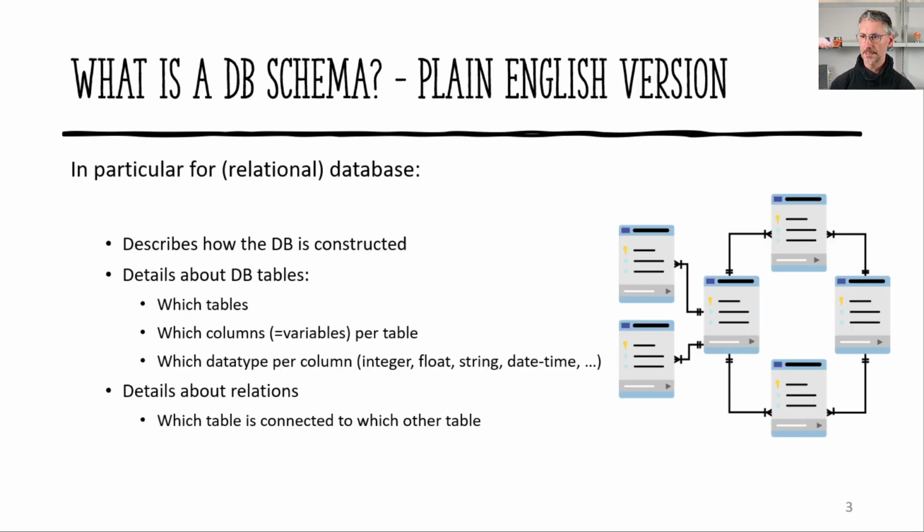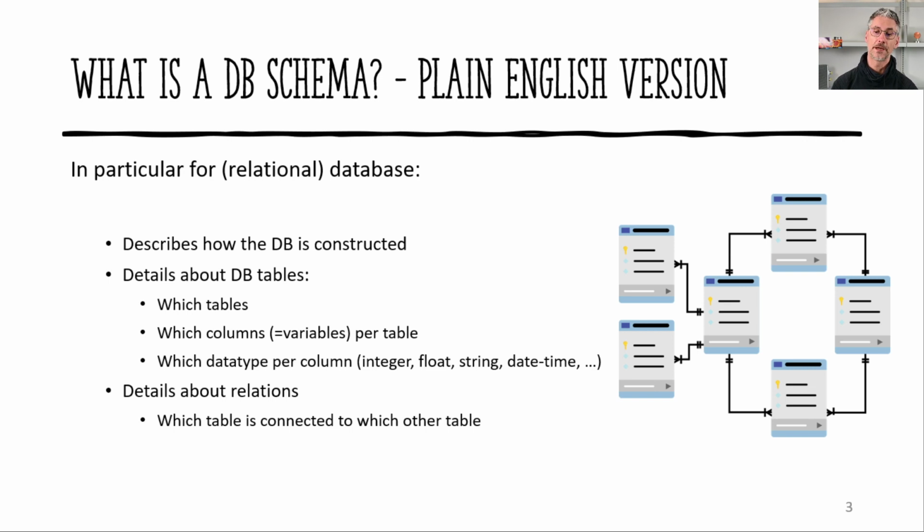So what is it again? Let's take the plain English version. When we talk about relational databases in particular, the schema describes how the database is constructed. In particular, it contains details about which tables we have in the database, which columns we have in those tables, and these columns correspond to the variables.